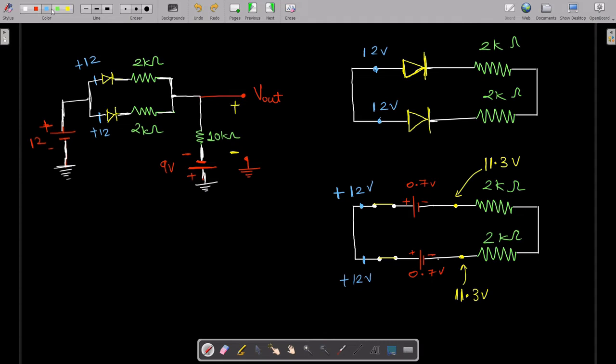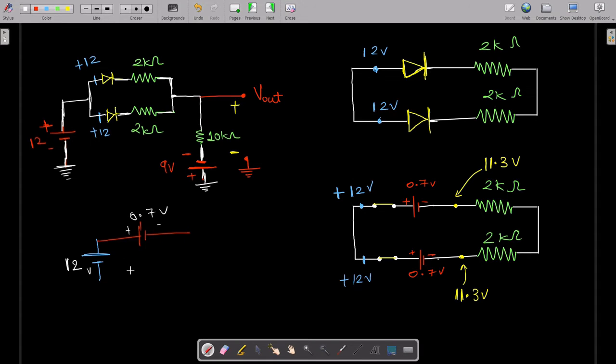Let me draw over here. This is your plus 12 volts, and to that the 0.7 volt is connected in this fashion. So forget about the rest of the circuitry. If you try to apply KVL, this is 12 volts, this is plus minus 0.7 volt.